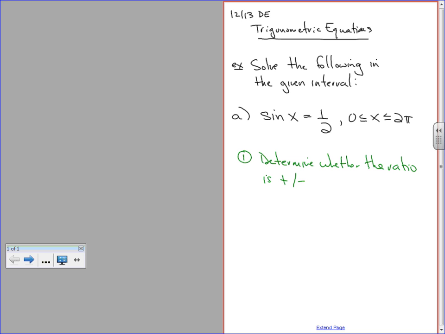And then once you've determined whether it's positive or negative, draw the terminal arms in the correct quadrants. So that's step 1.